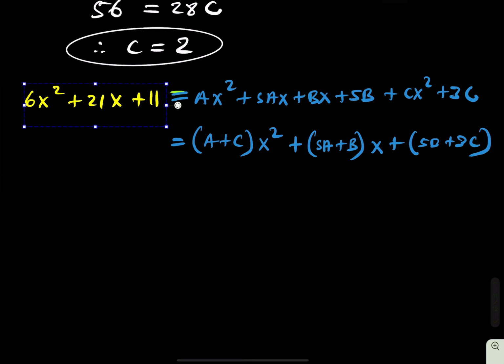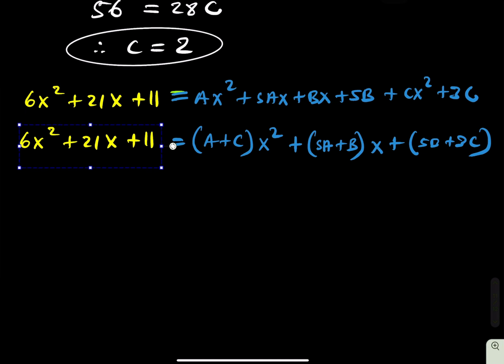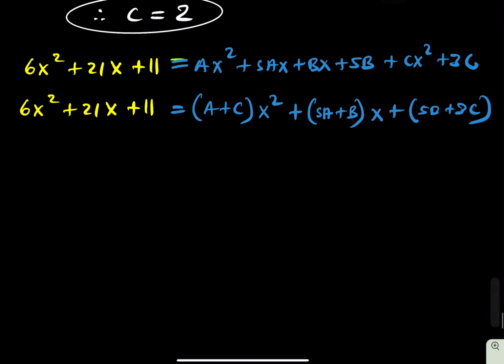You still have these ones, that is quadratic. Those are two quadratic polynomials, and two quadratic polynomials are equal if and only if their coefficients are equal as well. Therefore, I'm going to say this 6 here equals this coefficient, and that is a plus b.